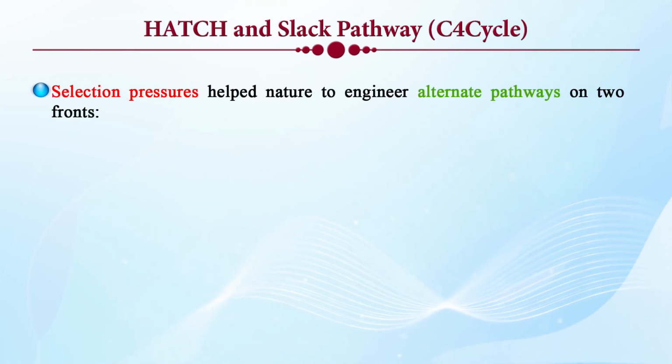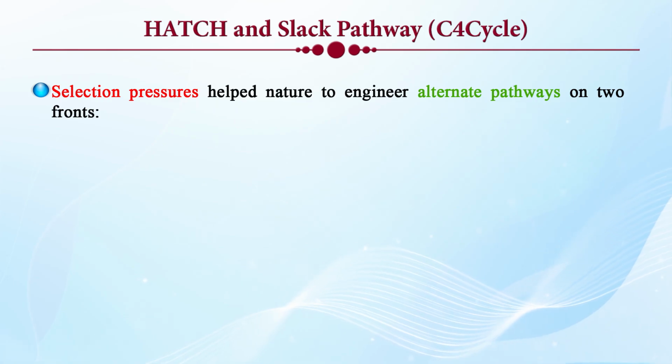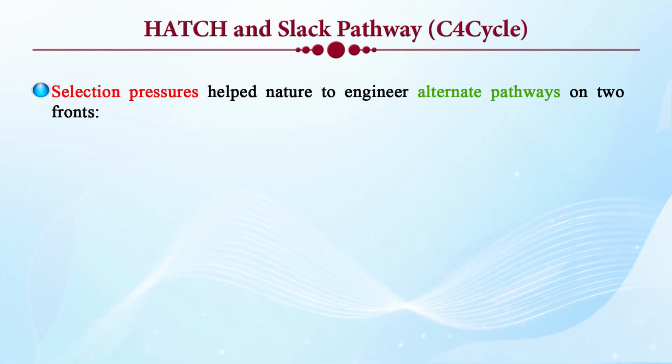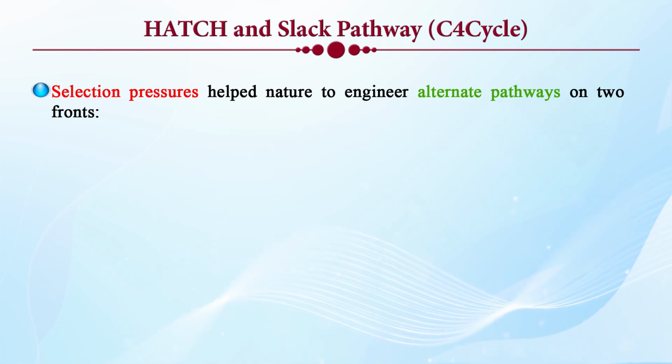You remember learners, we had a detailed discussion on the so-called C2 cycle or the glycolic acid pathway, nicknamed photorespiration. Now there must have been several selection pressures in view of the enhanced oxygen concentration, which must have engineered the evolution of certain alternative pathways which could be more efficient.